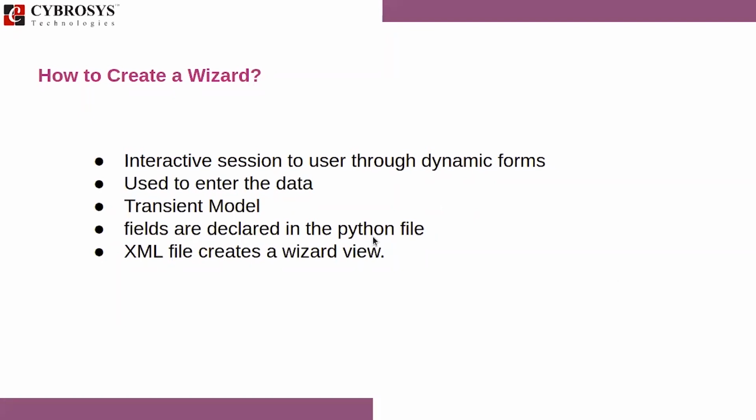The transient model classes are normally used to create wizards or dialog boxes. In the wizard, different users can fill up different data, so based on that, you can filter the report.